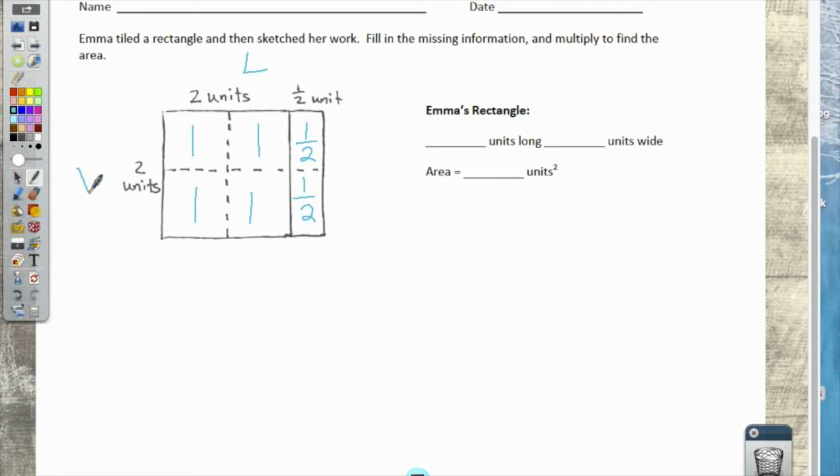I need my length and my width, don't I? So my length means long, and my width means wide. Okay? Now be careful, because they're having you add something together. So, think you can handle it?